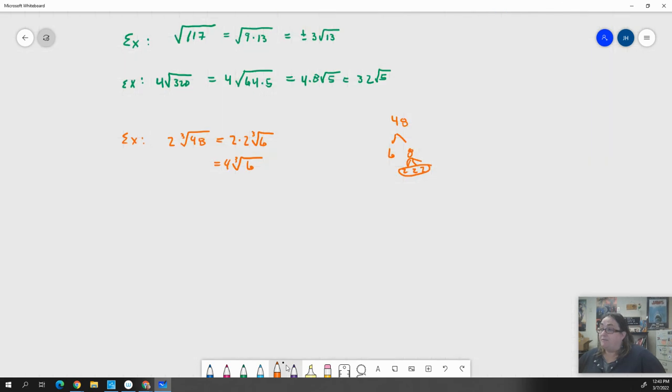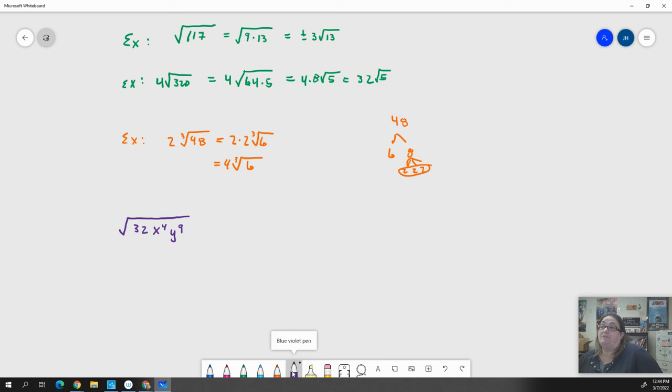And actually, dealing with variables when we're talking about square roots is pretty easy because you know how many of them there are. So if I have the square root of 32 x to the fourth y to the ninth, this is a square root.